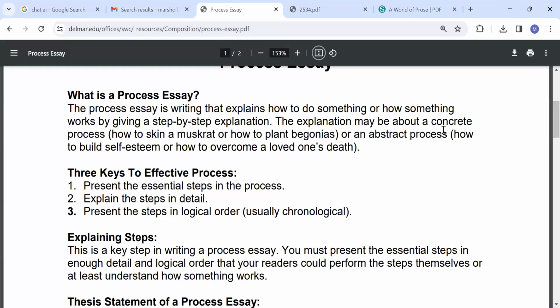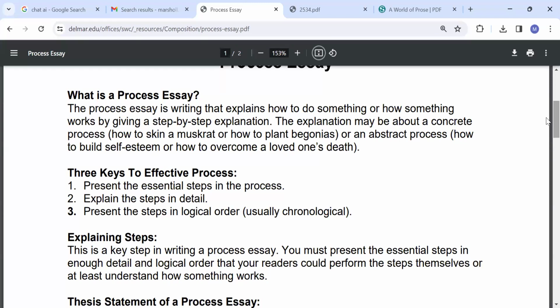So the explanation may be about a concrete process, how to skin a muskrat or how to plant begonias, or an abstract process like how to build self-esteem or how to overcome the death of a loved one.